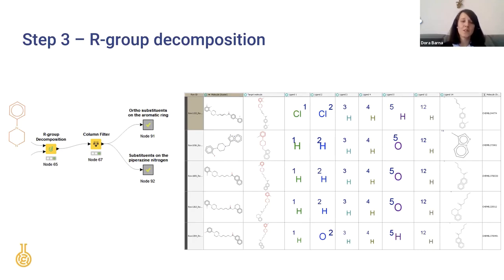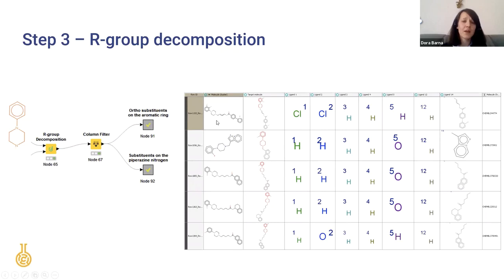And then we can use this scaffold molecule to see how it's substituted and functionalized in the input molecule collection. So for this, we are using R group decomposition, where we will search for all the input molecules that contain our selected scaffold, and we will identify the different ligand positions on the scaffold that are typically filled by a substituent that is larger or different than a simple hydrogen atom.